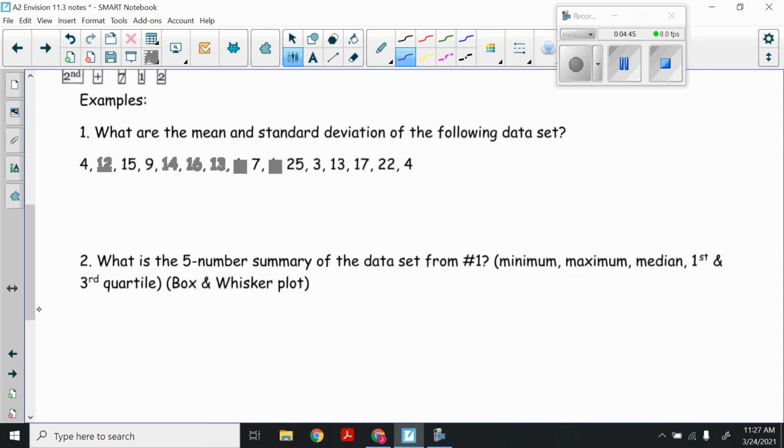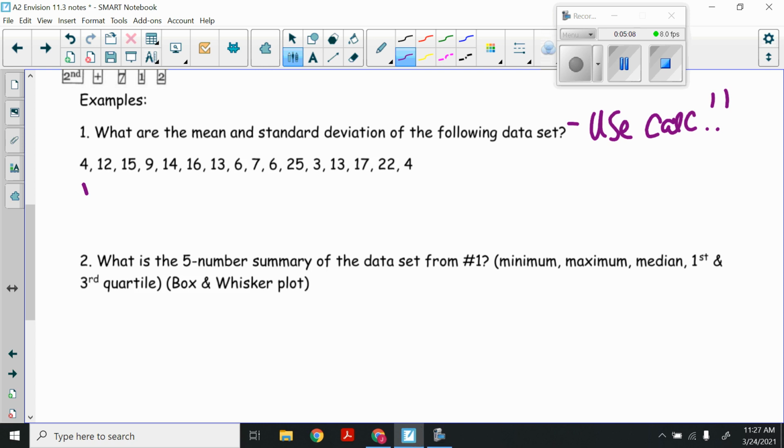So it says, what are the mean and standard deviation of the following data set? Again, we're using the calculator here. So we're going to put all of this data into our list area in the graphing calculator. And then we're going to follow the steps above to have our calculator calculate this for us.